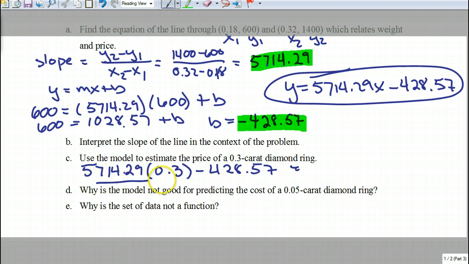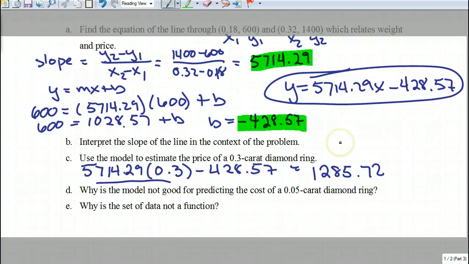If we take these two and multiply them together and subtract $428, we get $1,285.72. So the value of a 0.3 carat diamond ring is $1,285.72.